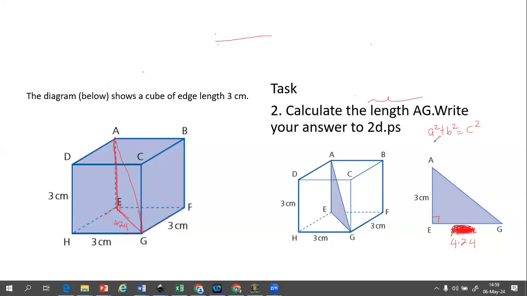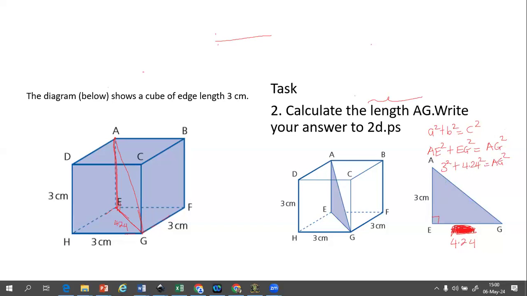Don't use A, B, C. So for this one, I would have said AE squared plus EG squared is equal to AG squared, such that you can define it in terms of the triangle you have. Then I come and say this is 3 squared plus 4.24 squared is equal to AG squared.